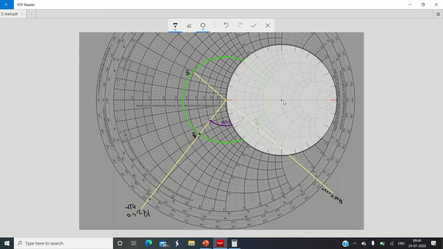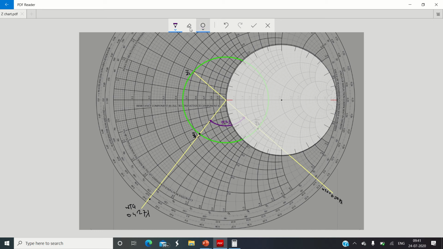Take the distance in your compass from that center point to the center of the Smith chart and draw a constant circle. That is nothing but a unit conductance circle, which in our example represents the forbidden conductance circle.